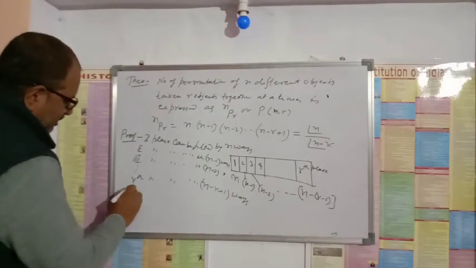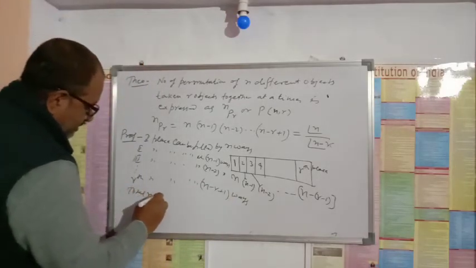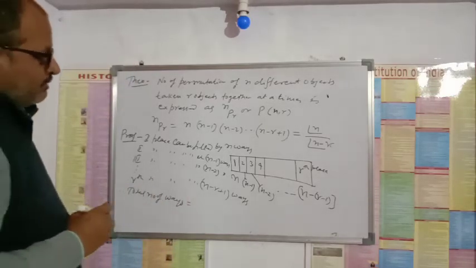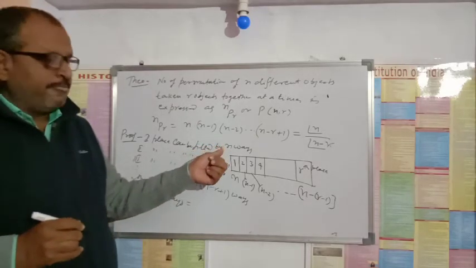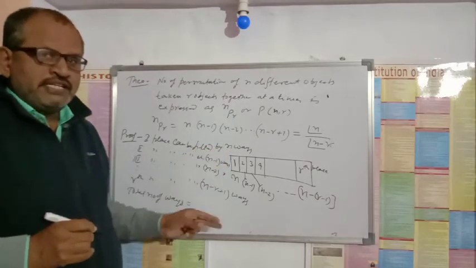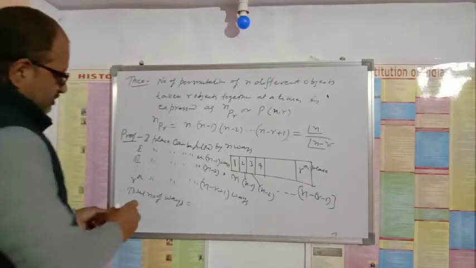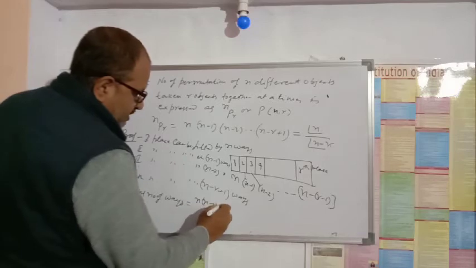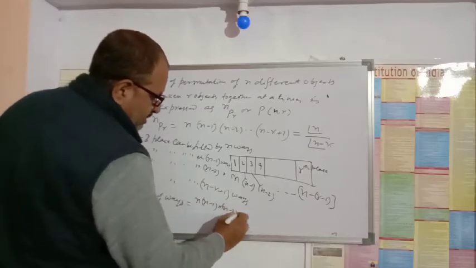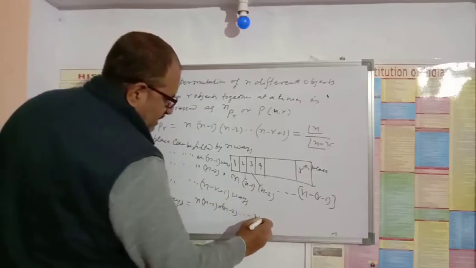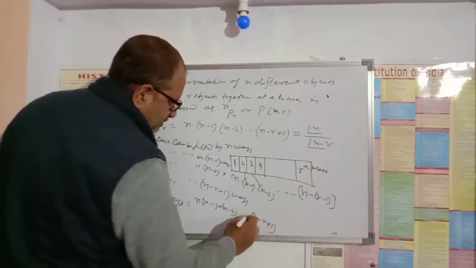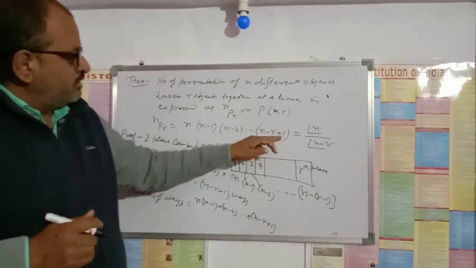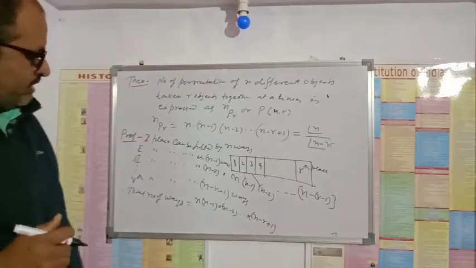So therefore, what will be the total number of ways? We will apply here the multiplication principle of counting. So the total number of ways will be n into n minus 1 into n minus 2, and at last n minus r plus 1. So n into n minus 1 into n minus 2 up to n minus r plus 1.